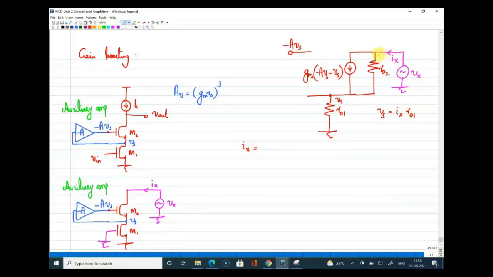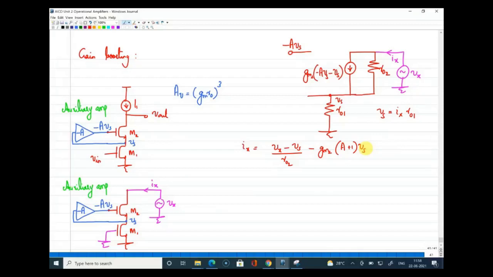One is the current flowing through R02, which is Vx minus Vs divided by R02, and the other one is the current source value. So I will write it as, taking minus gm2 common, A plus 1 into Vs. This is the current value of the current source, right?